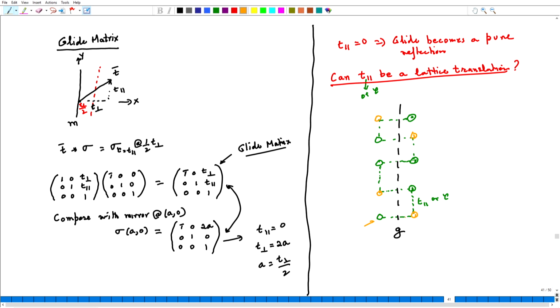And if you look carefully at this diagram, this has become a pure mirror. So, therefore, essentially it means that tau can be 0, then also it is a pure mirror in the glide matrix. If tau is a lattice translation, then also this is no longer a glide matrix, but becomes basically a pure reflection matrix.